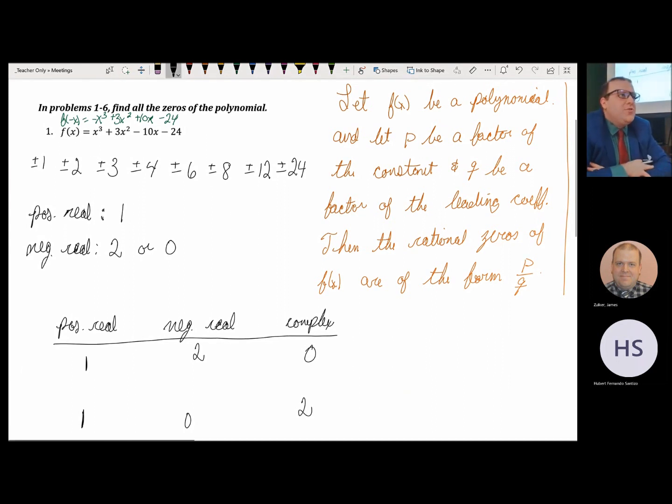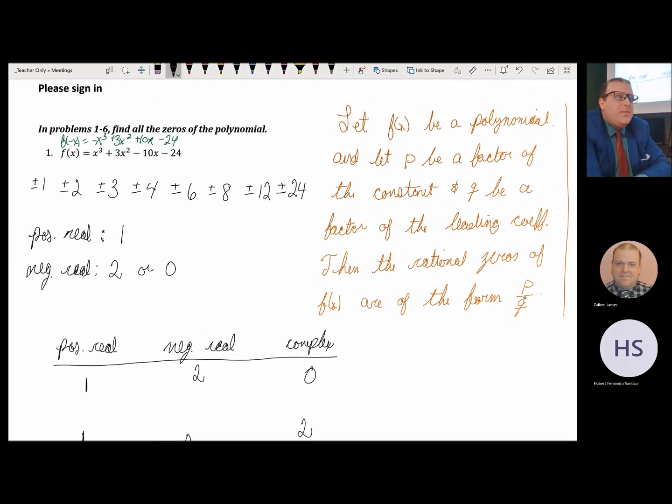Those are the possible rational zeros. Any rational zero would have to be one of these, based off of factors of the constant divided by factors of the leading coefficient.